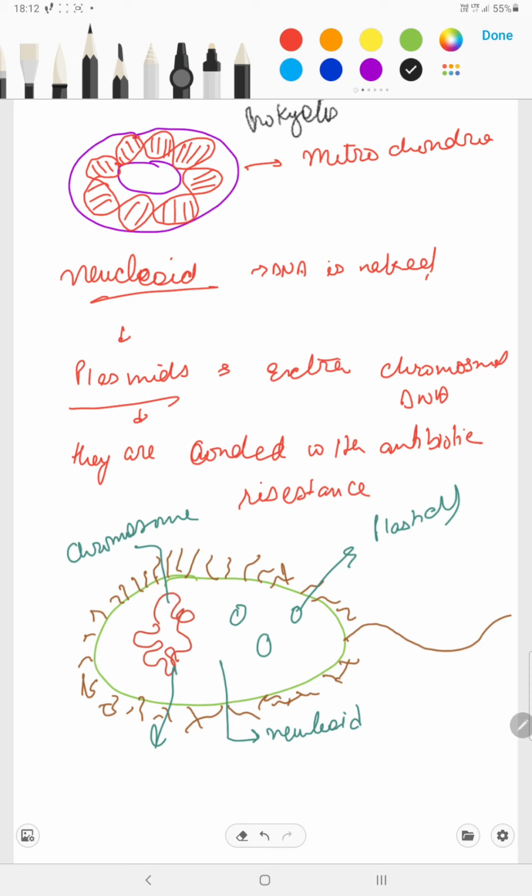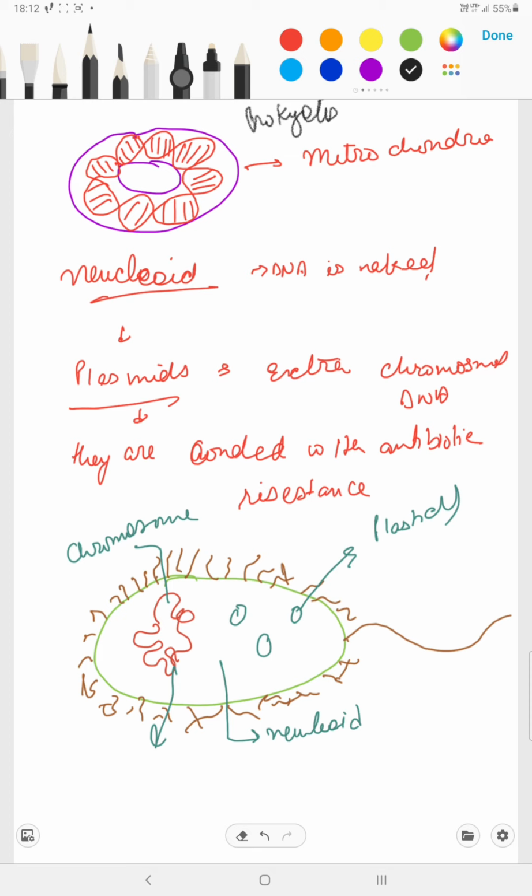It is a fun fact that prokaryotes and mitochondria have a similar kind of DNA, basically circular in shape. Now I am going to talk about prokaryotic DNA and eukaryotic DNA. I have covered it all. So prokaryotic DNA looks similar to the DNA of the organelles, circular in shape.